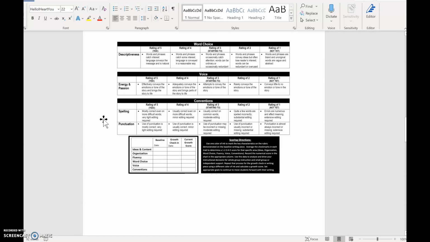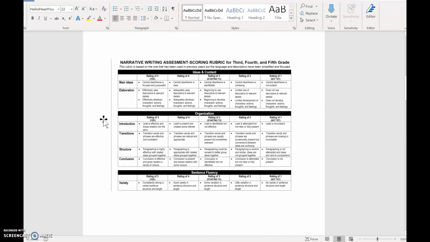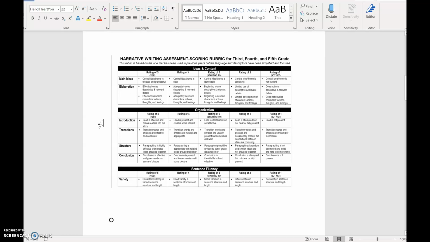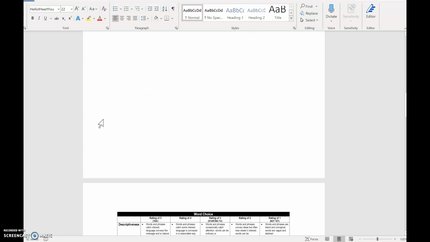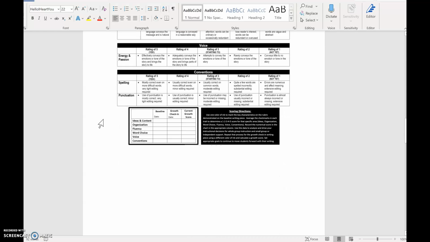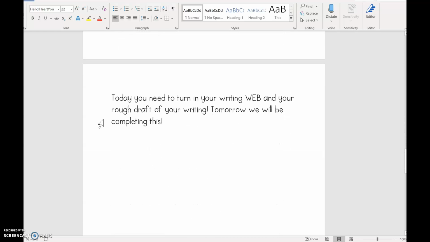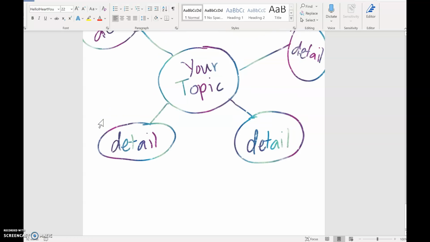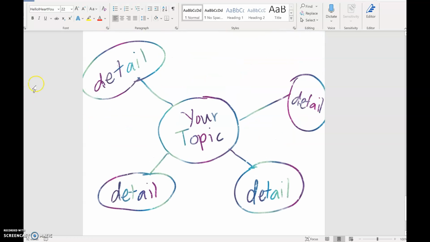Okay, so this is how I am going to be grading your writing, and you can take more time to look at the rubric before you start writing. So the first thing you'll want to do is to make your web. So inside your web, you need your topic. What event are you going to be talking about? So maybe I want to talk about the time that Ty got hurt.